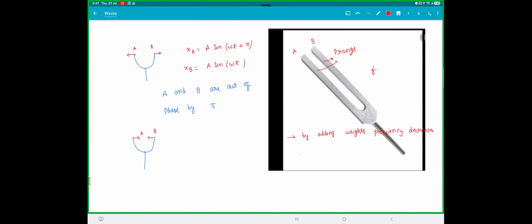Or if you increase the temperature, the prongs will expand. It becomes more difficult to oscillate. The frequency again decreases. So by changing temperature or by adding weights, you can mess up the frequency. If temperature increases, frequency decreases.